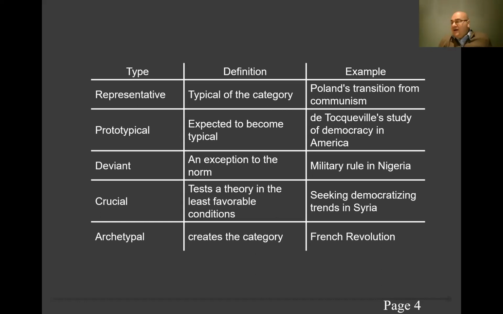My example was the military rule in Nigeria. During the 1960s, many African countries experienced military coups. Only in Nigeria, the military left its position and brought back democracy. Only in Nigeria. Nigeria was a deviant case, an exception to the norm.